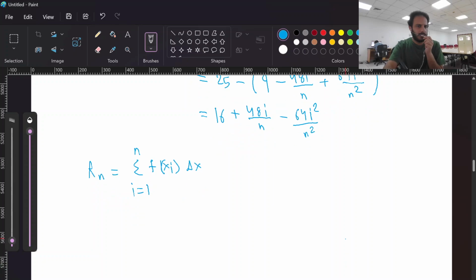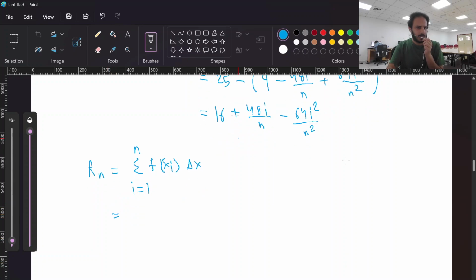Delta x equals 8 over n. Summation i equals 1 to n of (16 plus 48i over n minus 64i squared over n squared) times 8 over n.